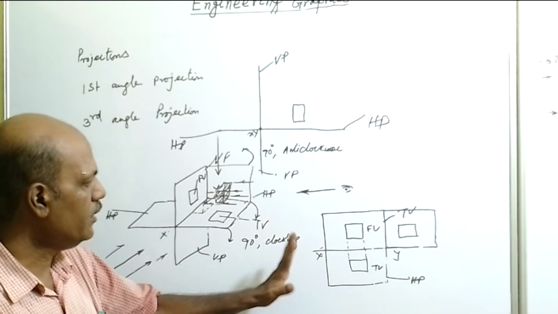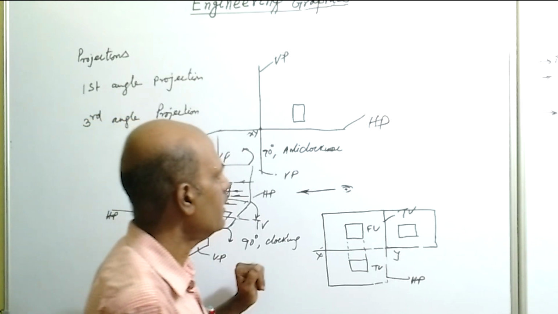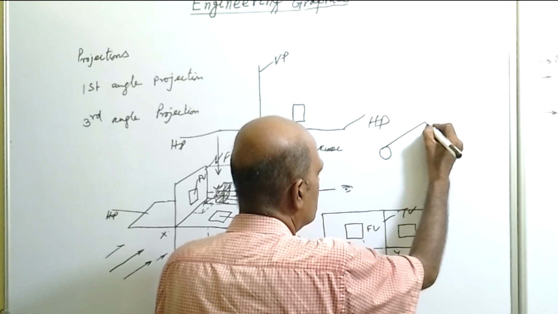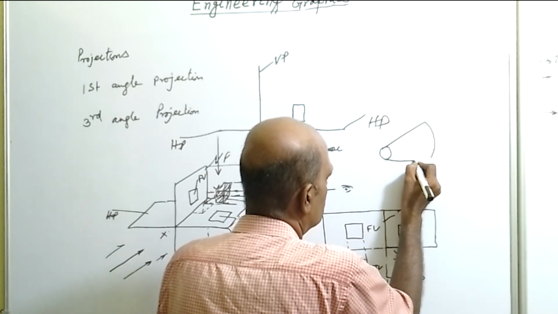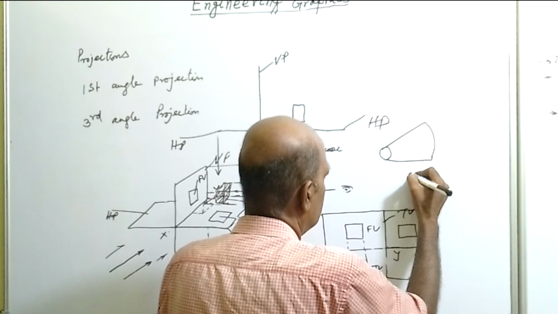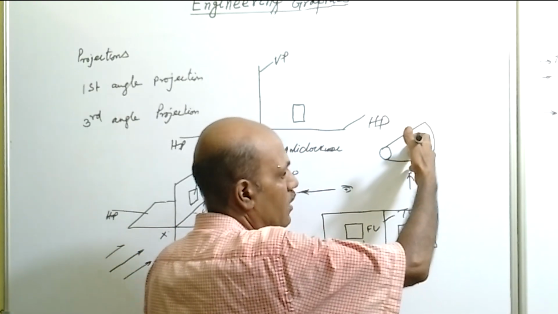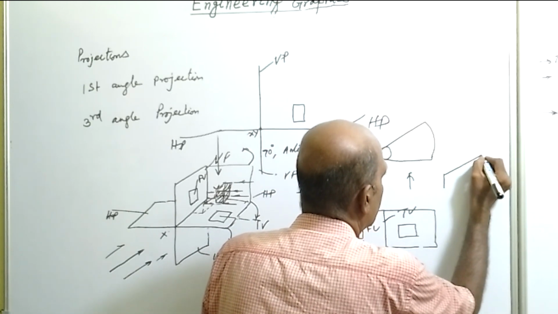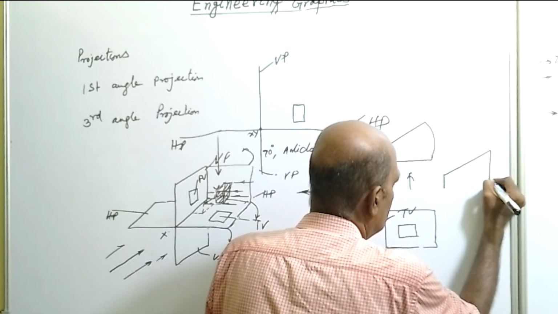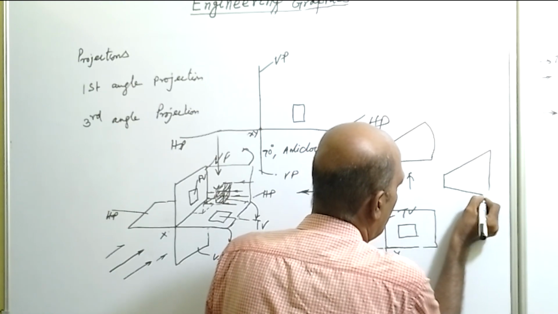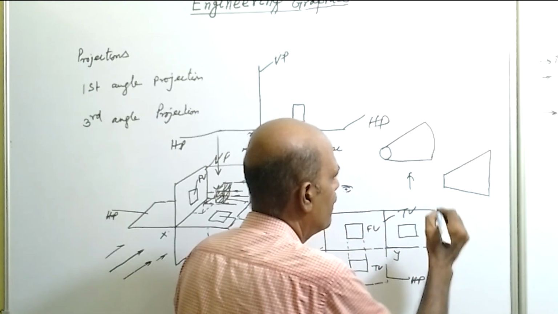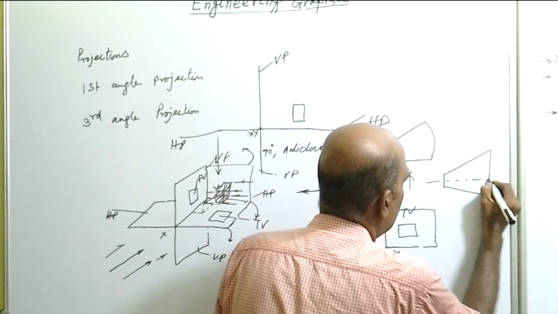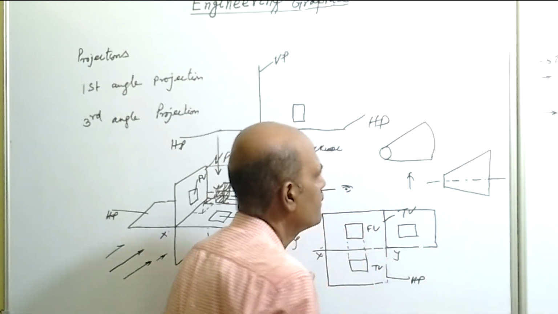Okay. So this is the first angle projection and the symbol of projection. So this is the first term of cones. If this cone is seen perpendicular to the direction, we can find this one as the front view, which will be formed on VP, and as it is a symmetrical object, we have to put the center line.